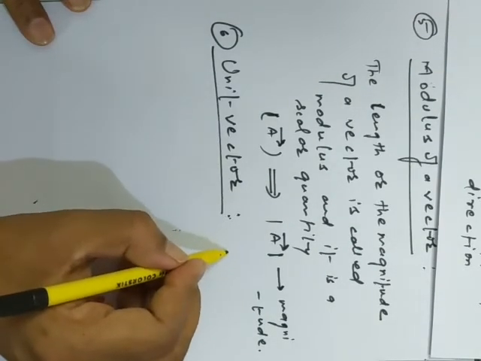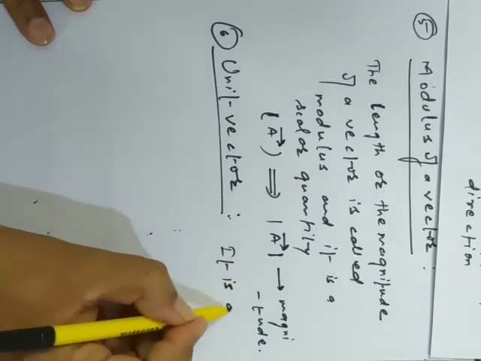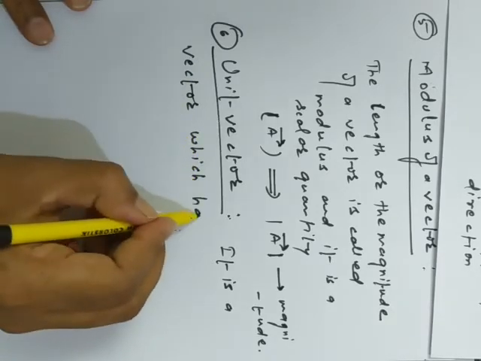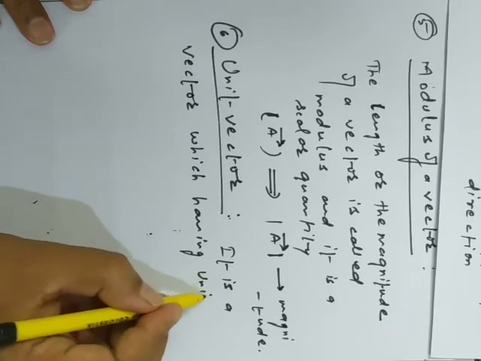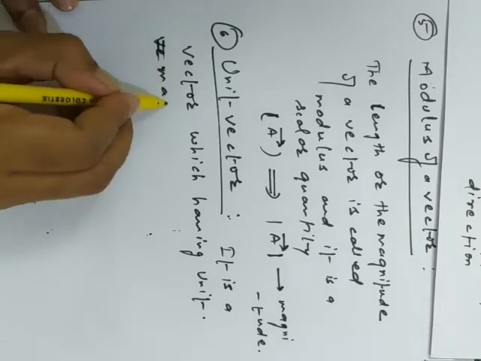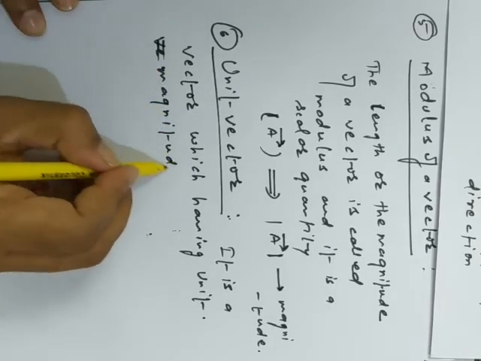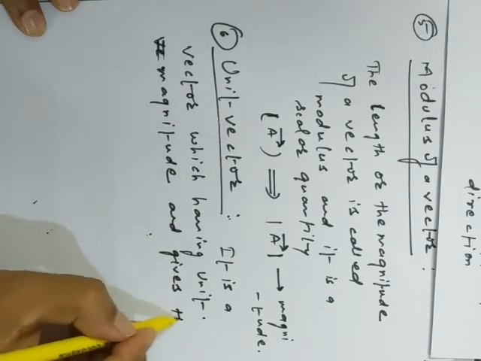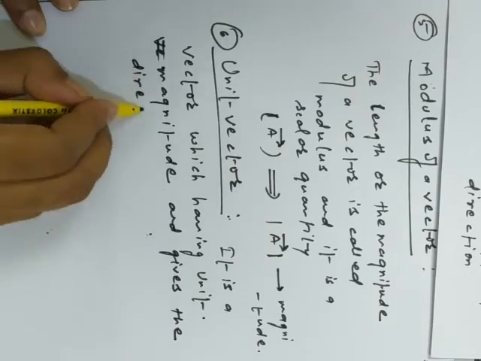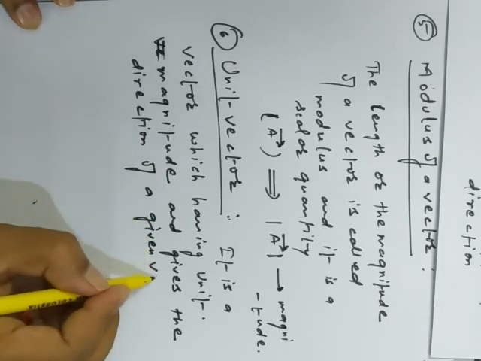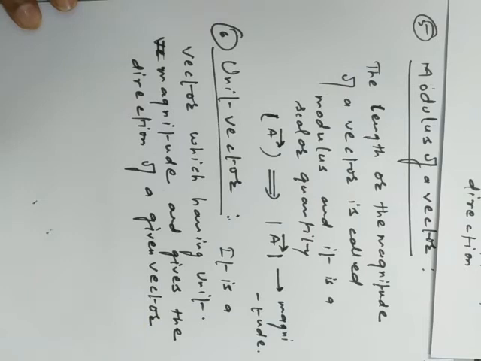So I am writing it: a unit vector is a vector which has unit magnitude, as per the name, and gives the direction of a given vector, or acts along the direction of a given vector.